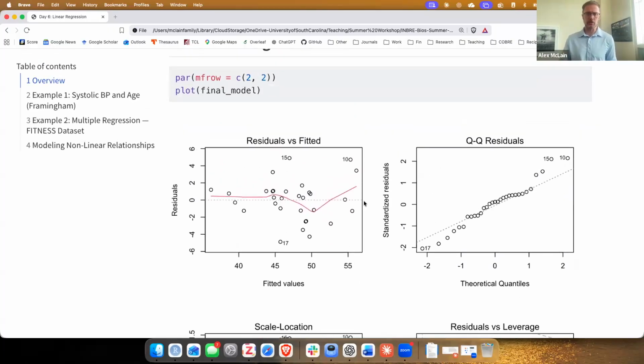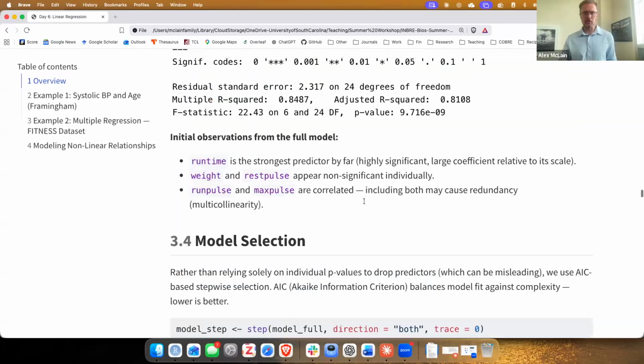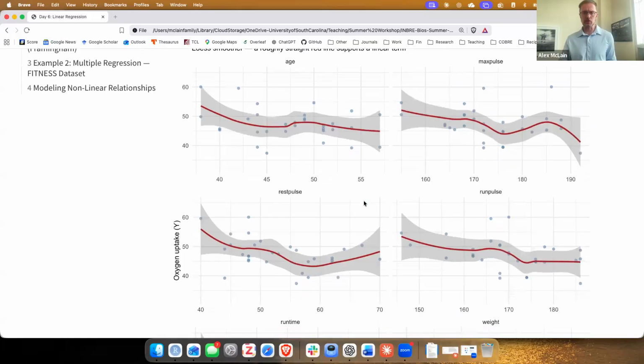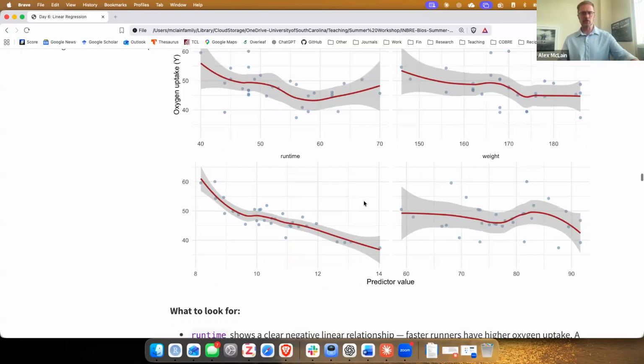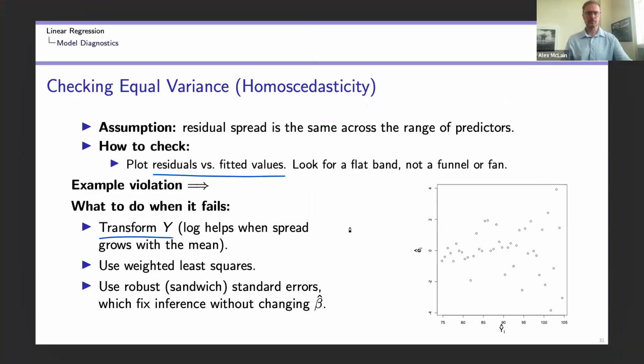So it could be either one. Overall, based on these plots, there probably are some nonlinear relationships with some of these particular variables. So that could be something that we want to explore. We're not going to get a chance to talk about this in the morning here, but we'll show some ways of looking at nonlinear relationships.